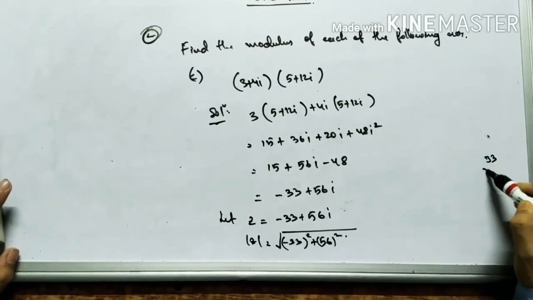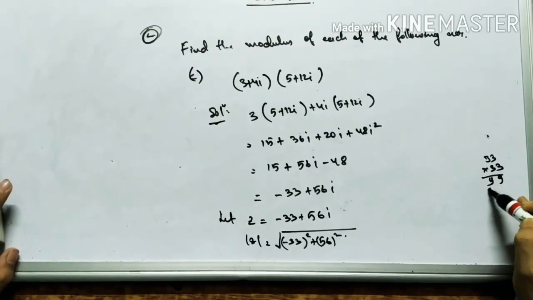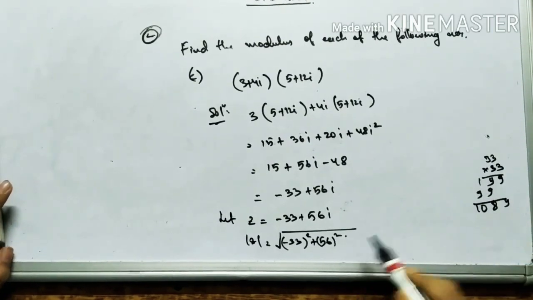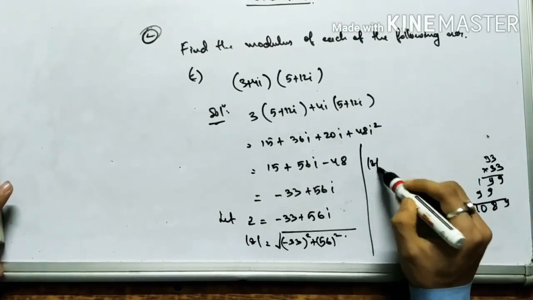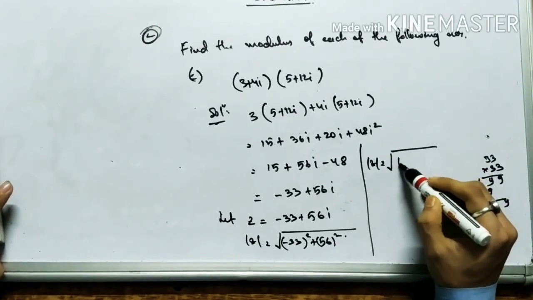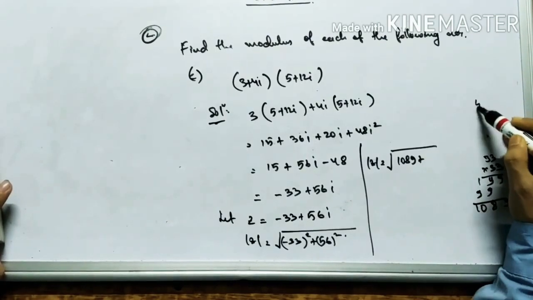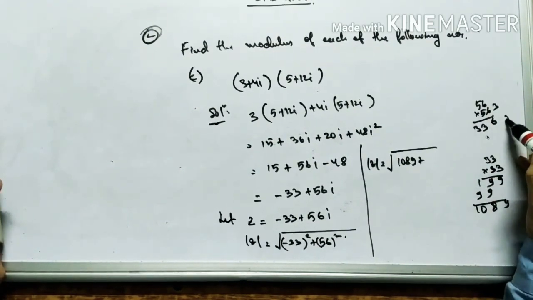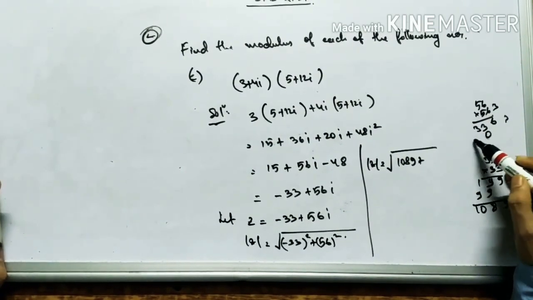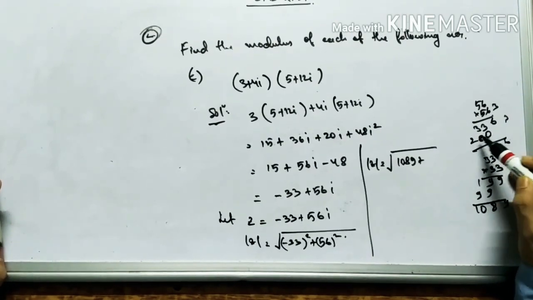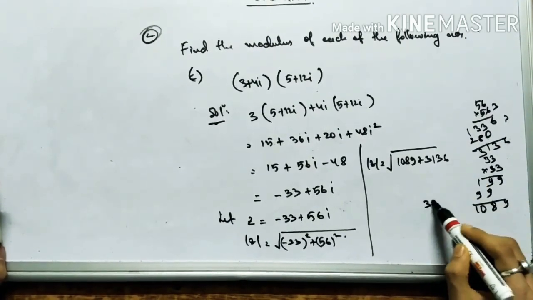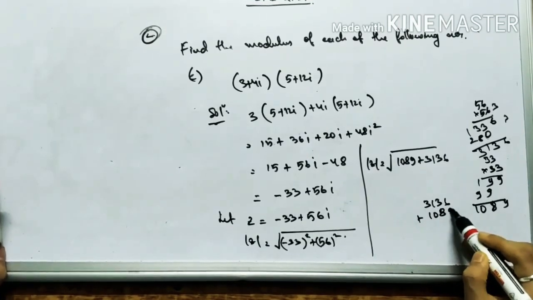Yes, so 33 into 33, this one I am getting here, modulus of z is equals to root over 1089 plus 56 into 56, I will get 3136.